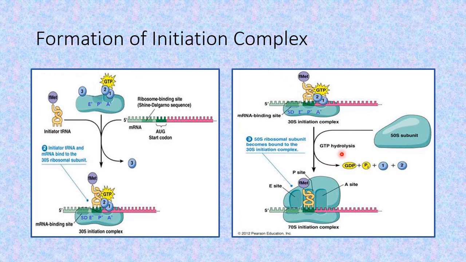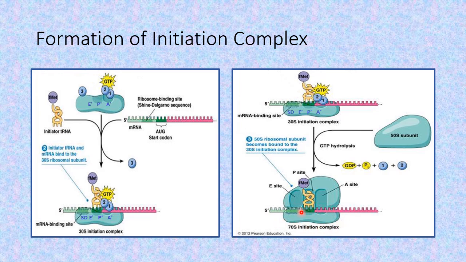This GTP hydrolyzes itself to form GDP, and once it does, the initiation factors, that is initiation factor 1, initiation factor 3, and also initiation factor 2, are all released.